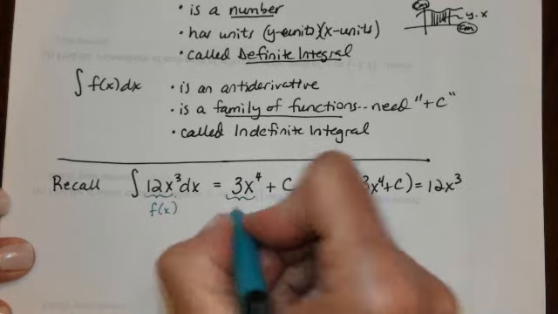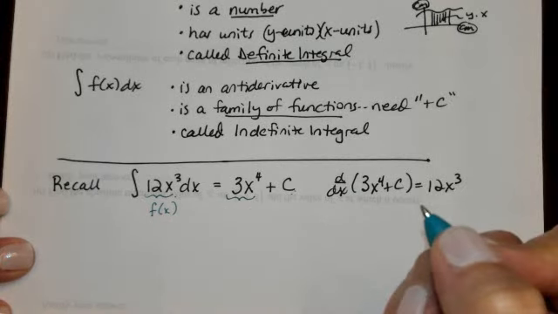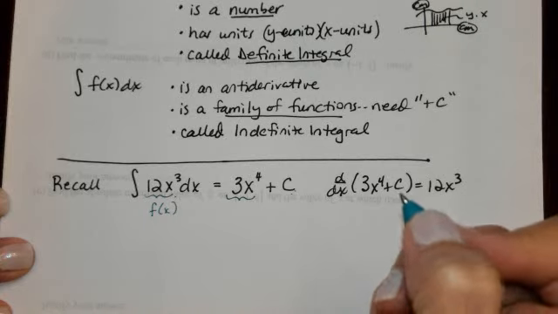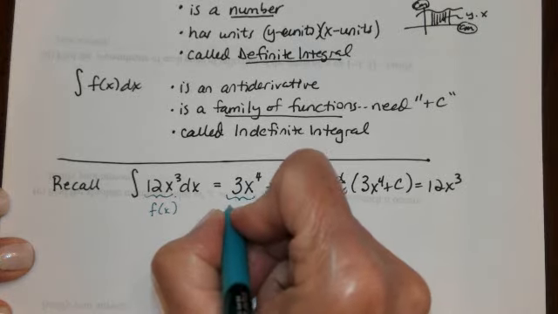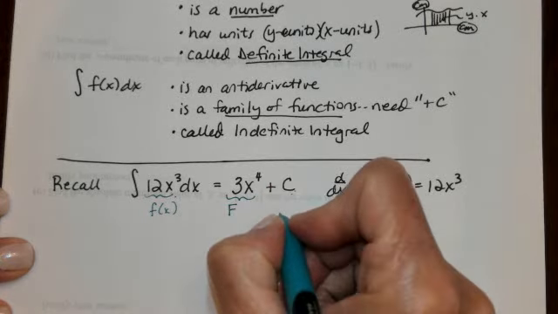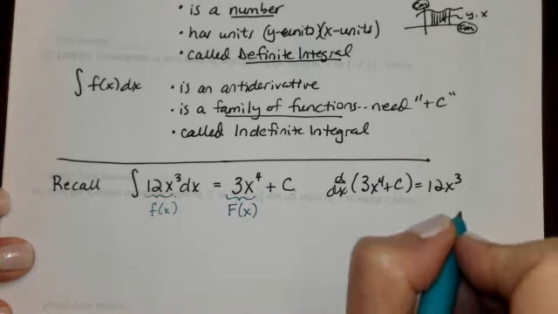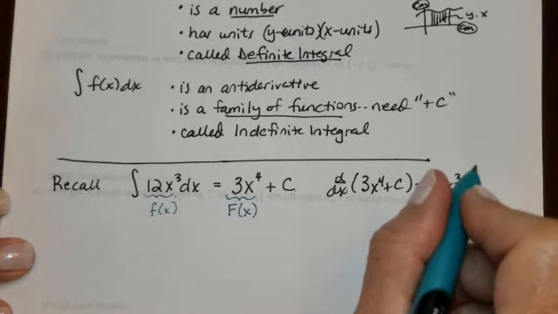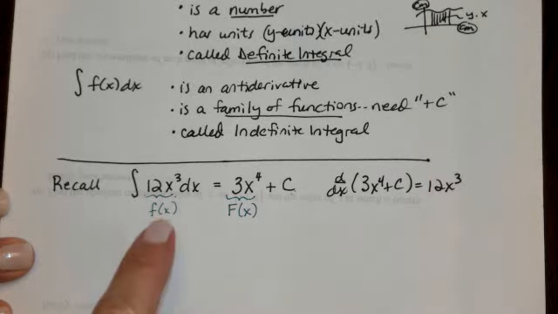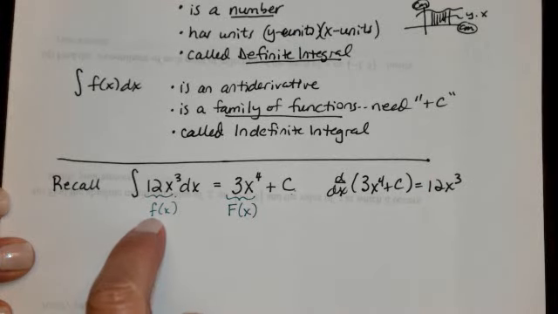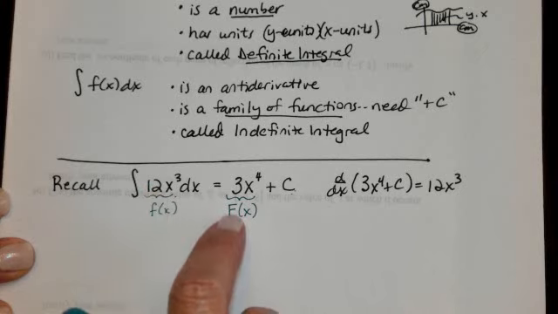So I'm going to call it, and this is generally accepted notation, capital F of x. From here on out, when you write a lowercase letter, that is a different function from the same letter in uppercase. So be careful with your writing.